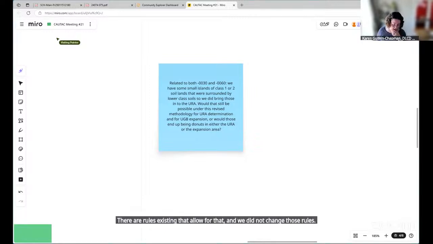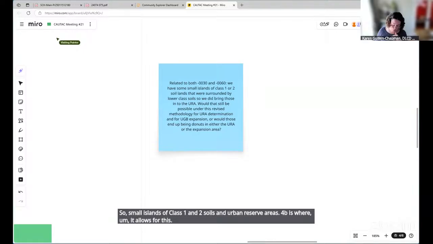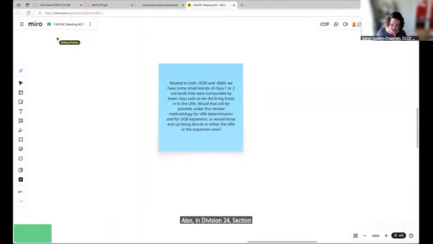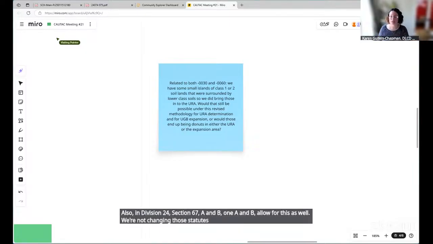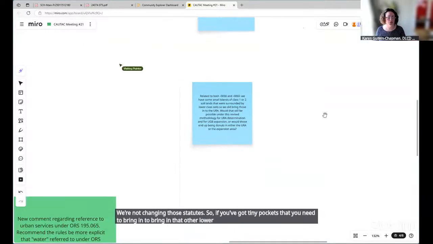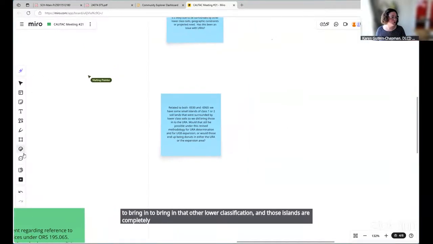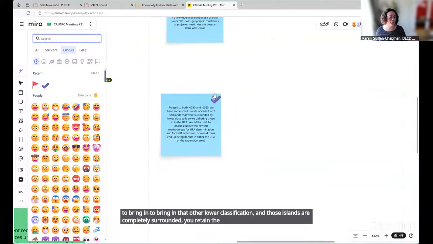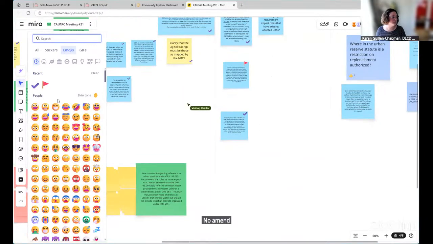So small islands of class 1 and 2 soils in urban reserve areas, 4B is where it allows for this. Also in Division 24, Section 67, A and B, 1A and B allow for this as well. We're not changing those statutes. So if you've got tiny pockets that you need to bring in that other lower classification and those islands are completely surrounded, you retain the ability to do that, and no amendments to that.